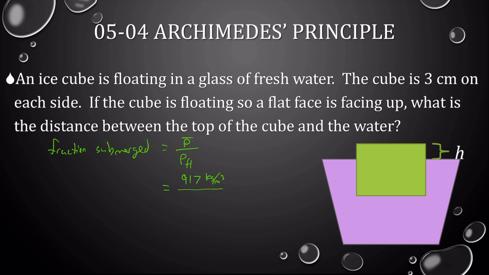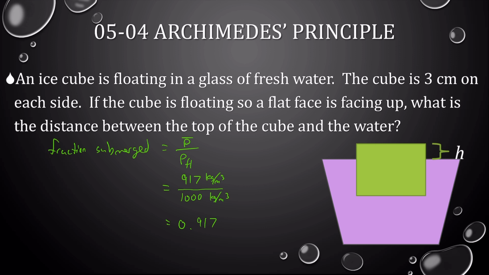And if we're in fresh water, the density of fresh water is 1,000 kilograms per meter cubed. So that equals 0.917. So that means 0.917, or 91.7% of the cube is submerged.